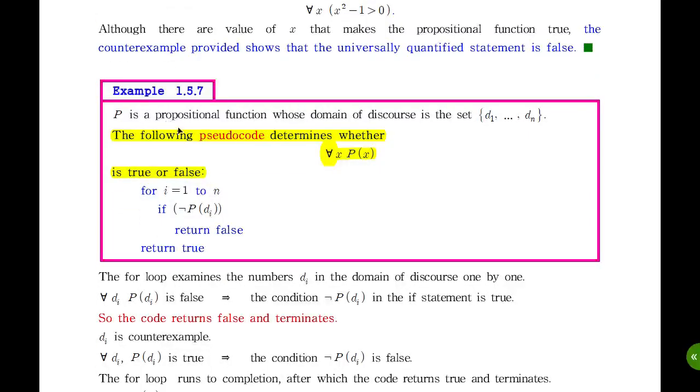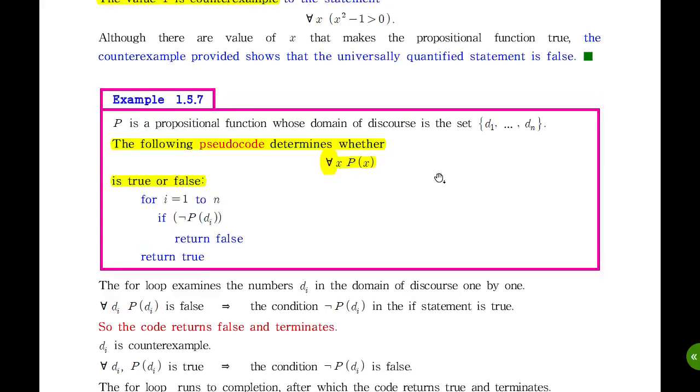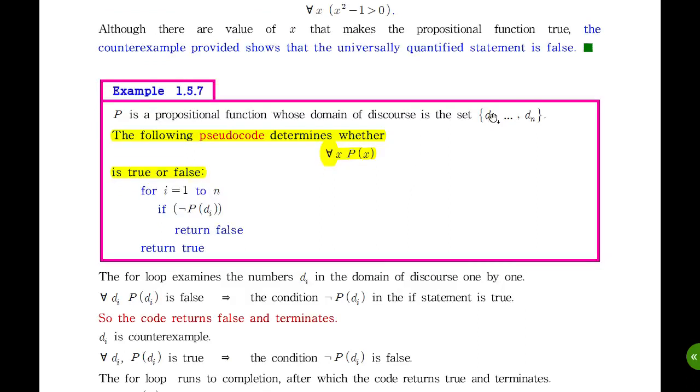And this is pseudocode to check whether this universally quantified statement is true or false. From d1 to dn, it checks each statement to see whether it is true or false.